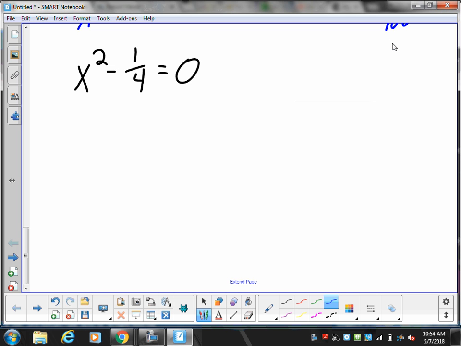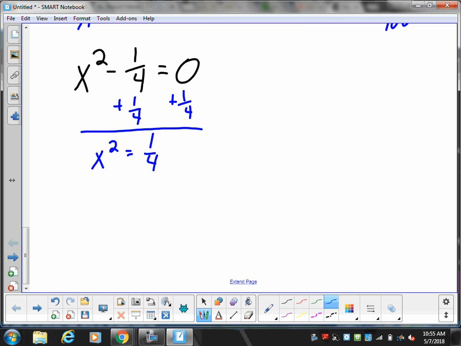So on this one, remember fractions are just numbers, so we're just going to start out by adding 1/4 to both sides. So x squared equals 1/4. Okay, so what's the next step?